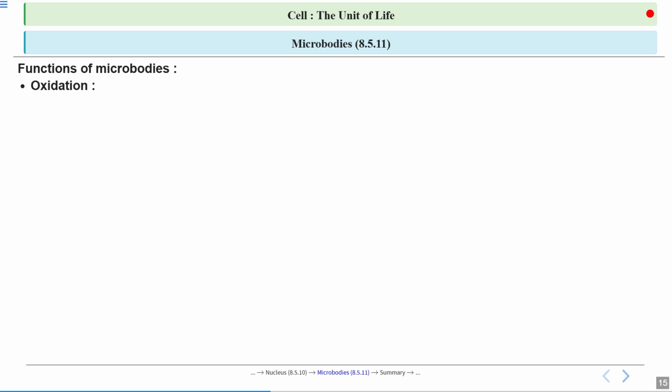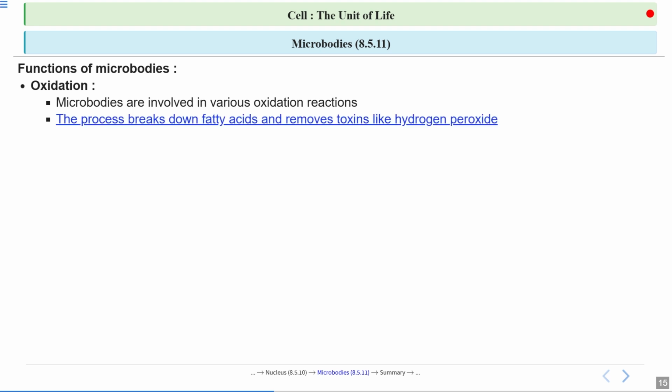What are the functions of microbodies? First is oxidation. Microbodies are involved in various oxidation reactions. It breaks down fatty acids and removes toxins like hydrogen peroxide. Hydrogen peroxide is a toxin, so this is removed.